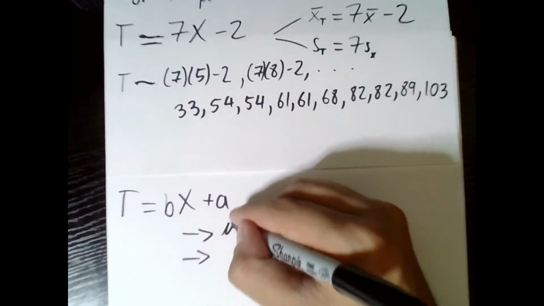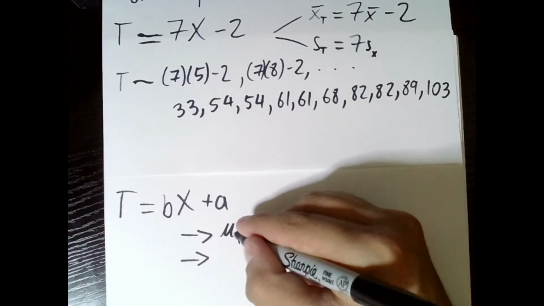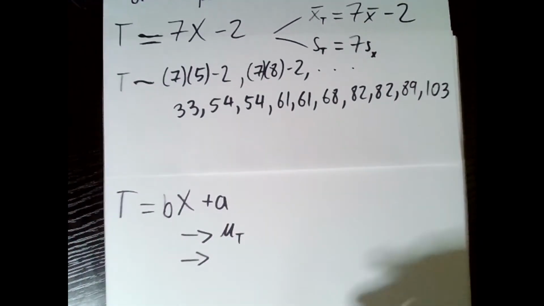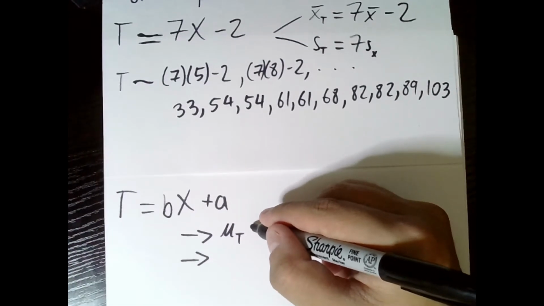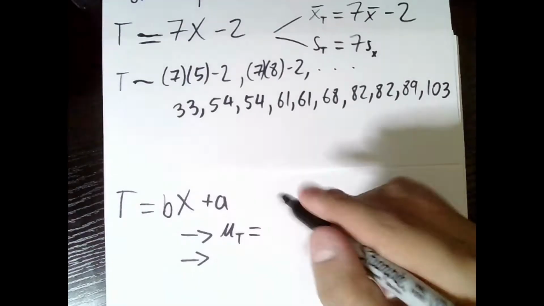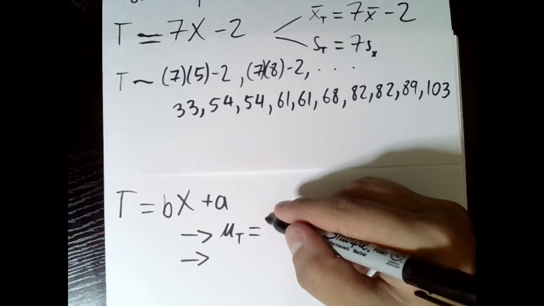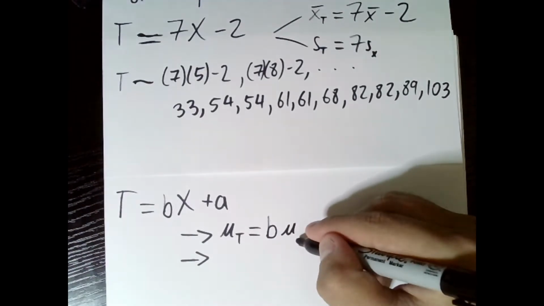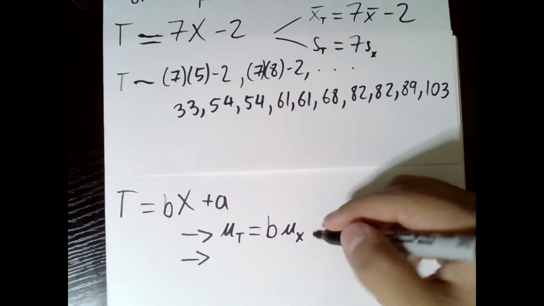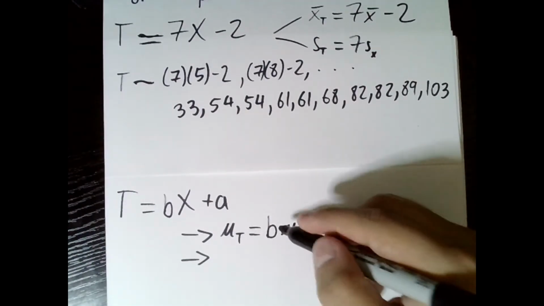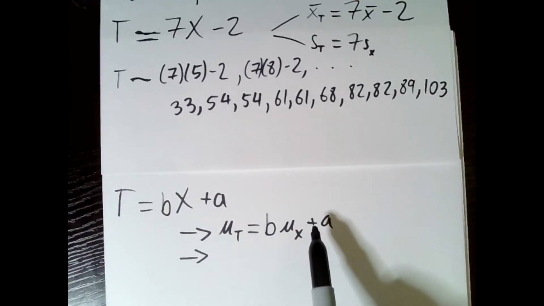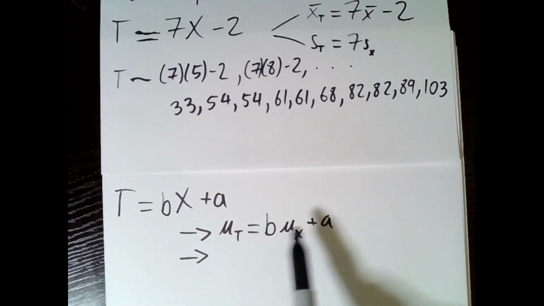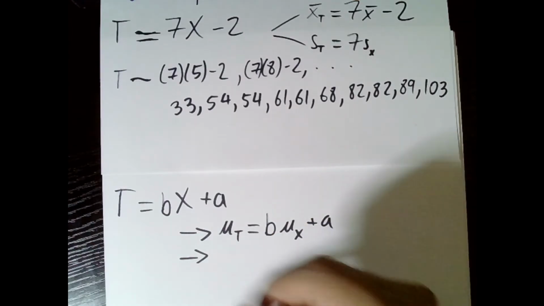The population mean of t, assuming we know the true population mean of x, is going to be equal to b times the population mean of x plus a. This is a general way of telling you that the mean of any distribution is directly affected by both multiplication and addition.